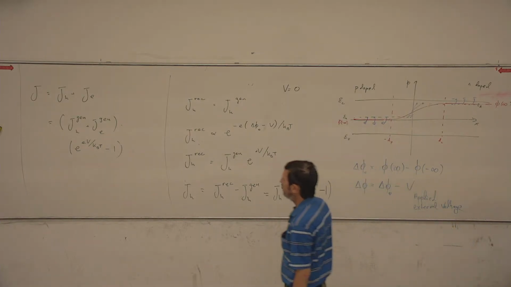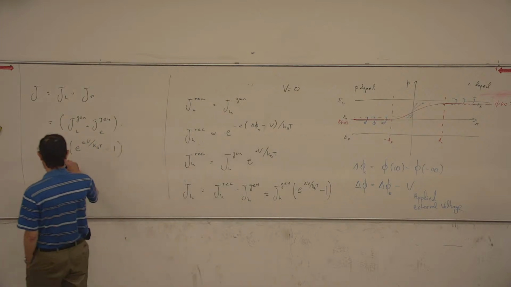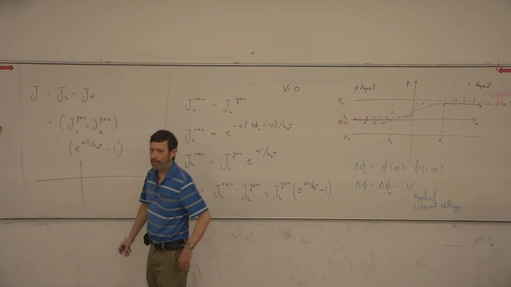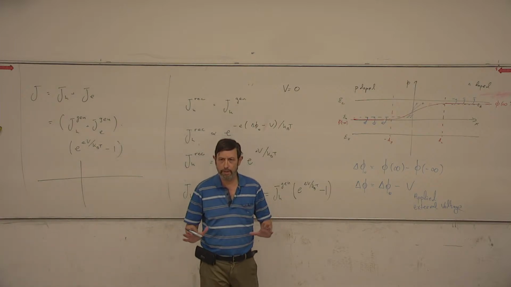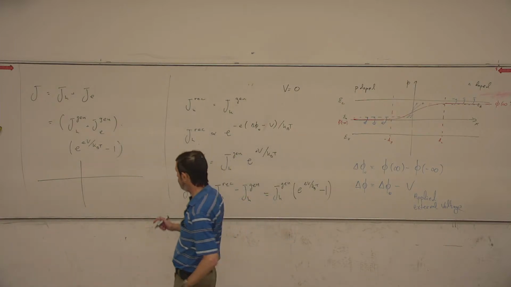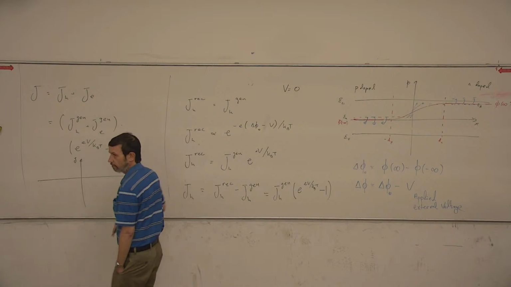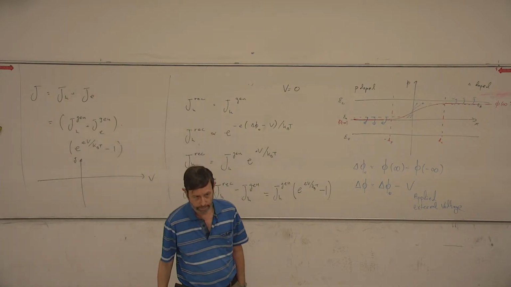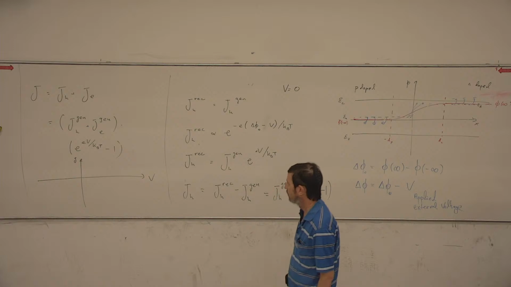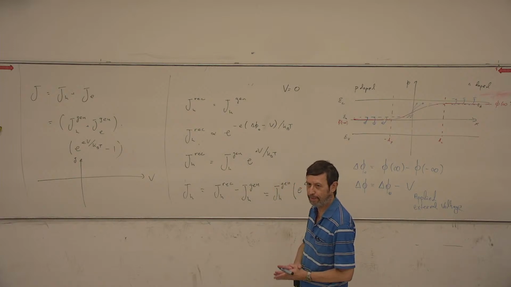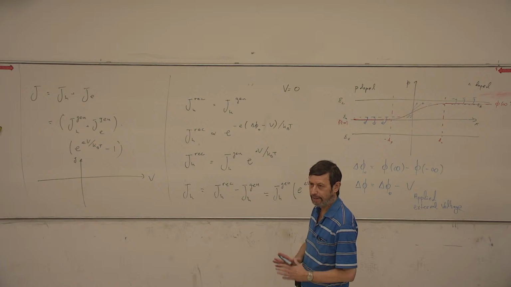So what does this actually mean? First of all, let's check if we didn't miss anything. I want to know what the current is as a function of the voltage. What should be fulfilled in any condition?